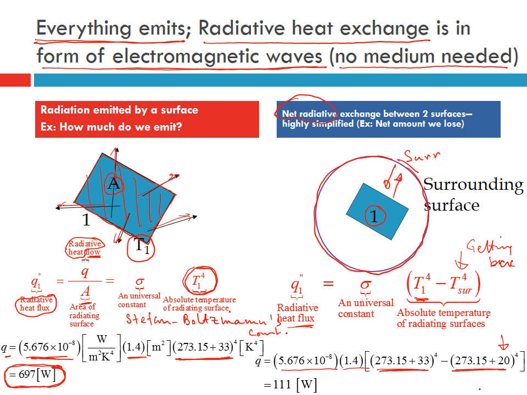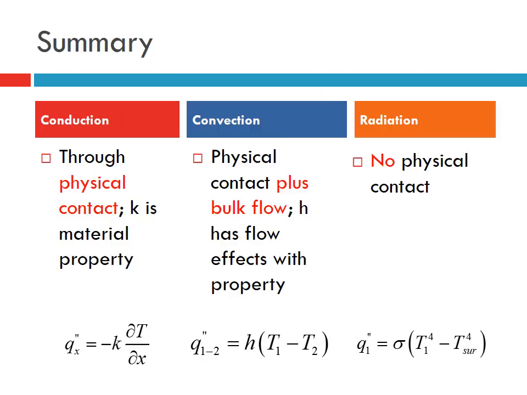That's not a bad assumption for the walls around us. If we plug that in, we get a much lower number of 111 watts, which we would be losing by radiation. We will see that losing heat by radiation is an extremely important part of our thermoneutrality.